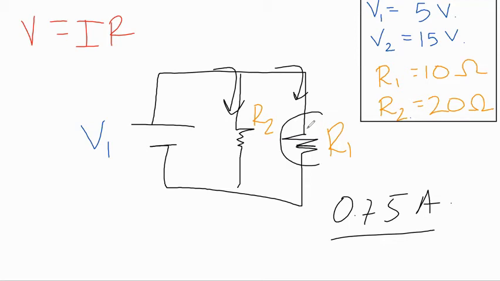So here we're going to have a current of 5 volts divided by 10 ohms, or 0.5 amps. Here we're going to have a current of 5 volts divided by 20 ohms, which gets you 0.25 amps.